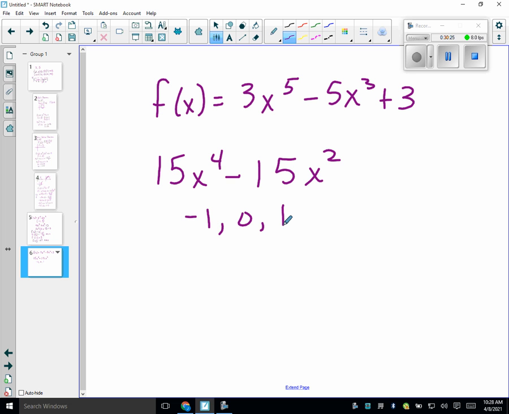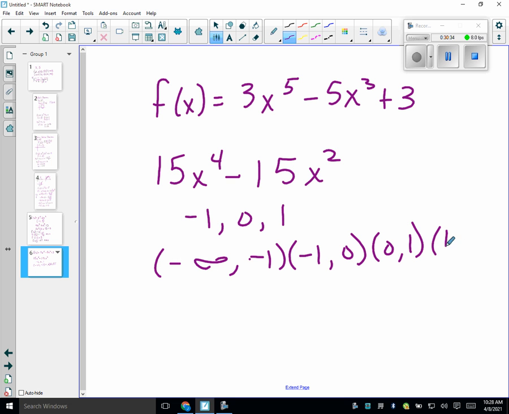So I have intervals: -1 to 0, 0 to 1, and 1 to infinity. Do you agree? I'm going to pick a number from each interval. Where am I going to put it? In the derivative, right? That's where we put it.